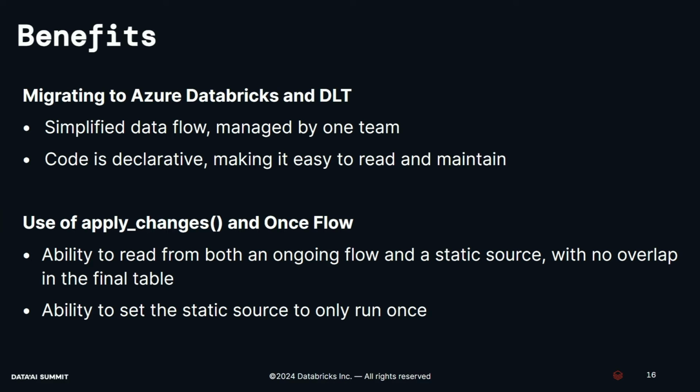And on the side of apply changes and using the once flow, apply changes gave us the ability to read from both an ongoing flow and a static source with no overlap between the two in the final table, as well as, of course, remove any duplicates or any other updates that needed to occur. It also allowed us to set that static source to run only one time, which was useful to prevent an additional code change later on in production.